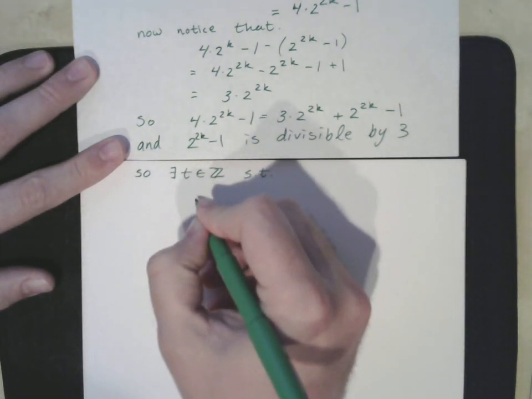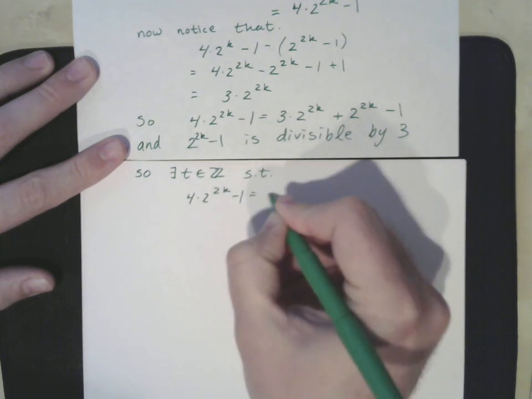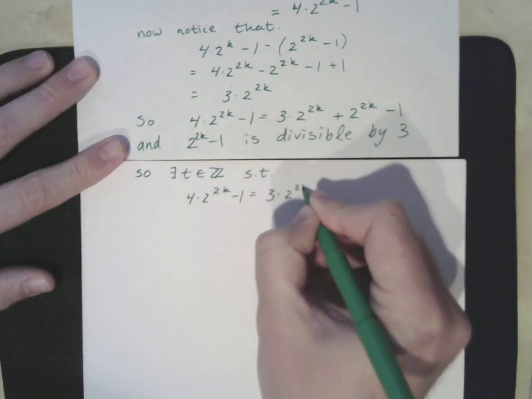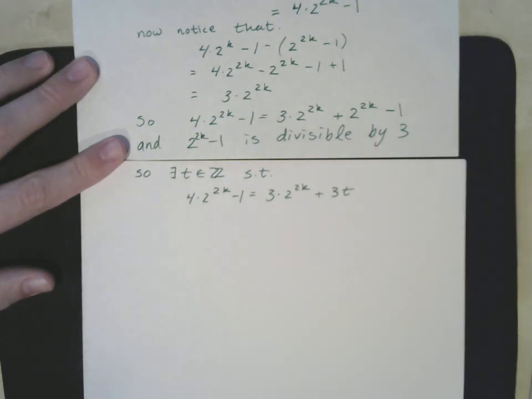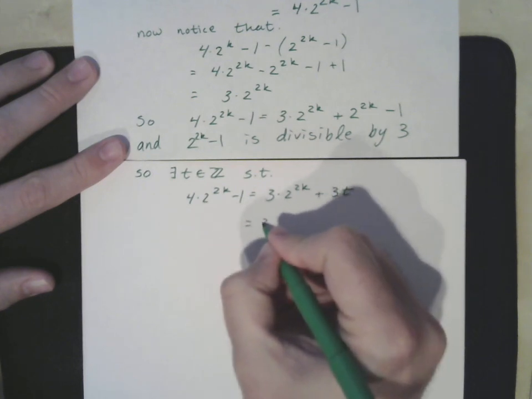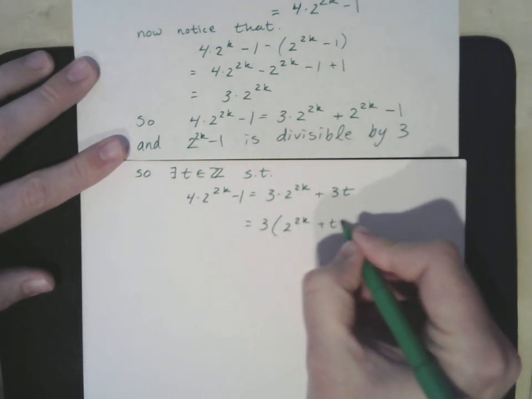What do we have? 4 times 2 to the 2k minus 1 equals 3 times 2 to the 2k plus 3t. And then we can factor our 3, 2 to the 2k plus t.